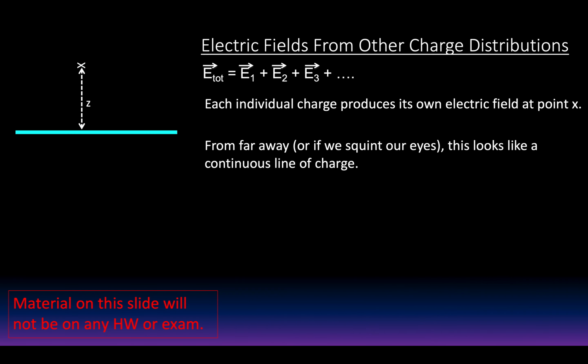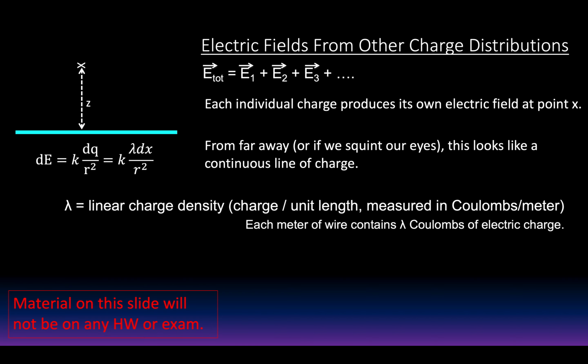So let us define the perpendicular distance from the line of charge to the point in question as z. Now, we could make a mathematical substitution. Even though the charges that are all lined up in this line at this point are infinitesimally small, we could still meaningfully talk about the amount of charge per unit length.